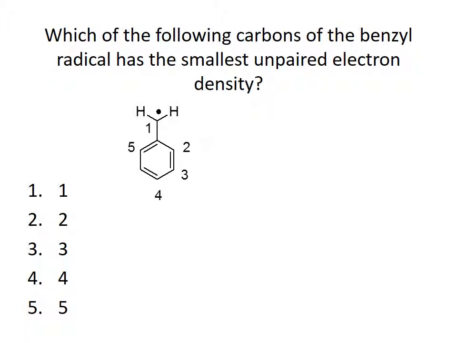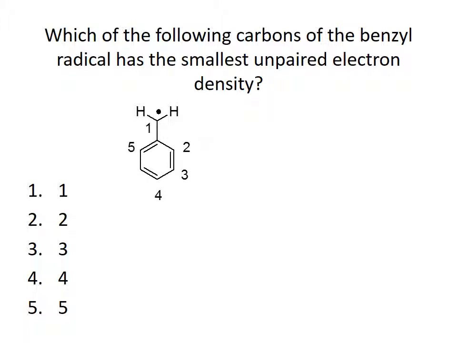Which of the following carbons of the benzyl radical has the smallest unpaired electron density? Well, this is basically, can you draw the resonance structure for this free radical? And it uses the same ideas on how to draw resonance structures for looking at meta and ortho para direction.